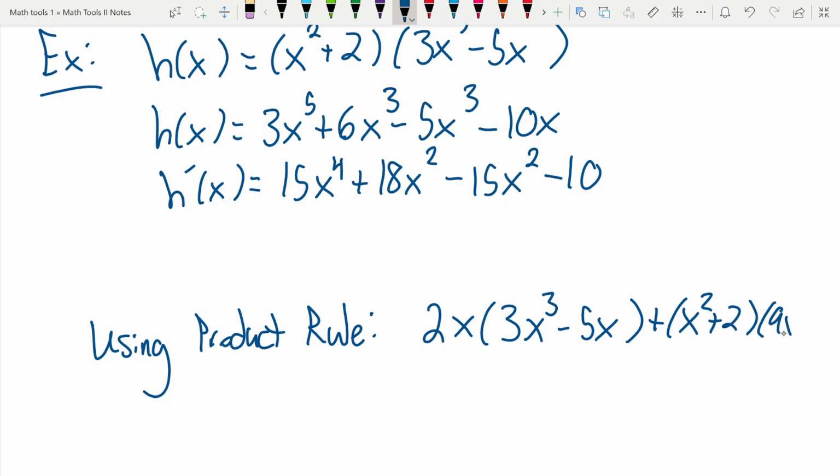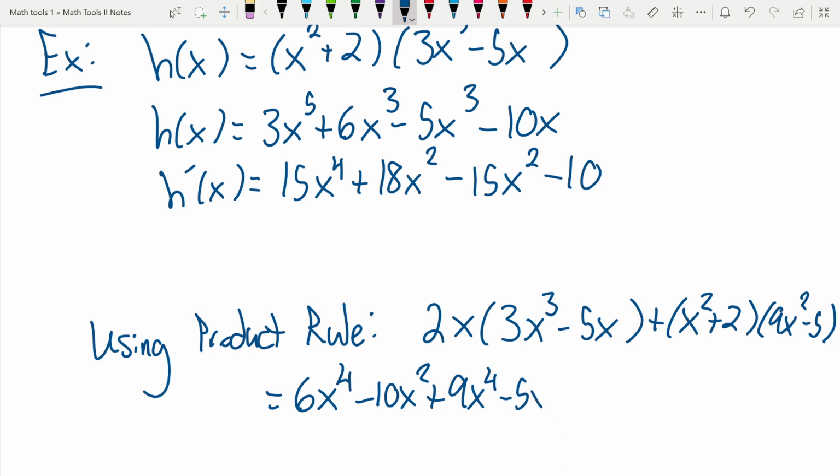So that's going to be 9x squared minus 5. Okay. So this kind of leaves us in a uglier form, of course. So we'll have to multiply it out to see if it's the same thing. 6x to the 4th minus 10x squared plus 9x to the 4th minus 5x squared plus 18x squared minus 10.